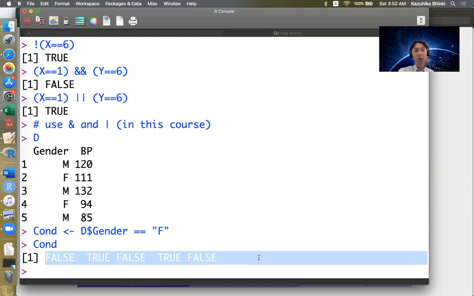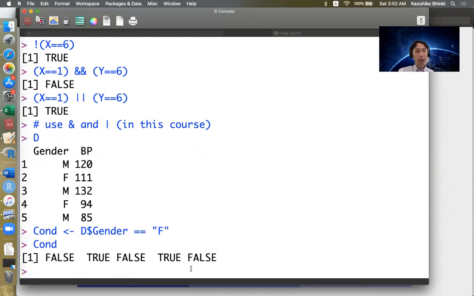So using this COND vector, we can extract only the female rows. That can be done by D with COND in brackets. In the past, we typed c(2,4) to extract the second and fourth observations. But here is another way. You can specify a logical vector whose length is the same as the number of rows in this data frame.